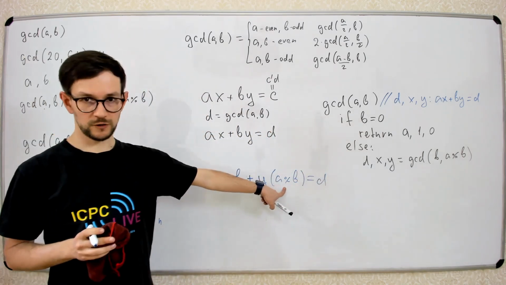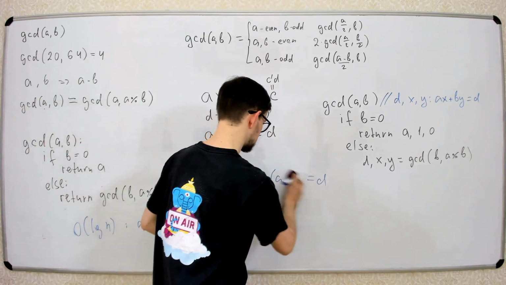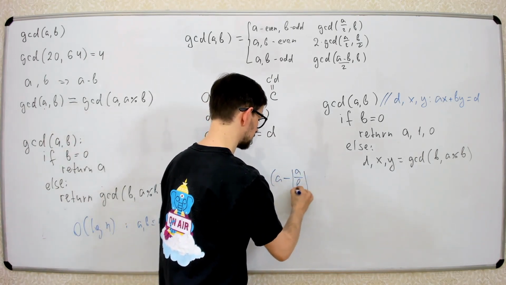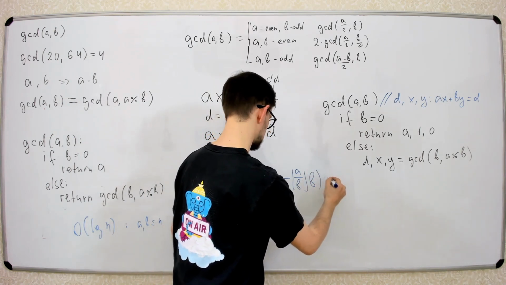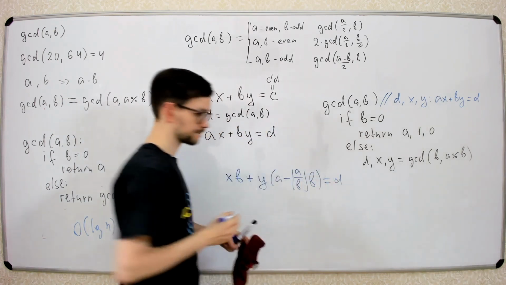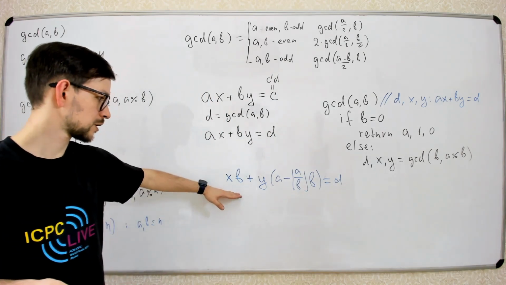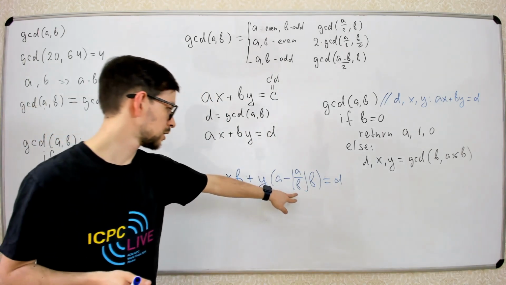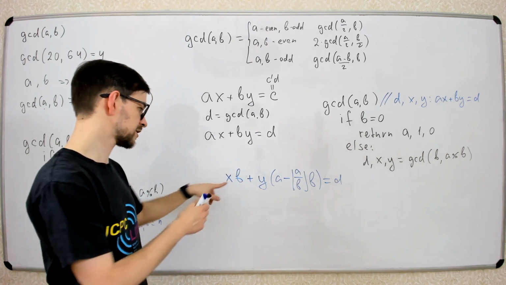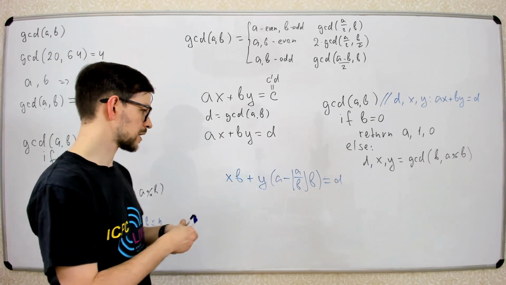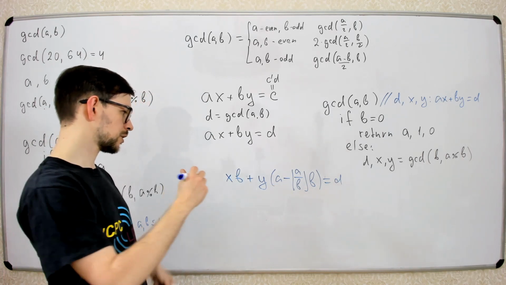Again, what is a modulo b? A modulo b is just a minus a over b multiplied by b. Well, let's look at this equation. So let's remove the brackets. So we have xb plus ya minus this. Let's combine it like this.